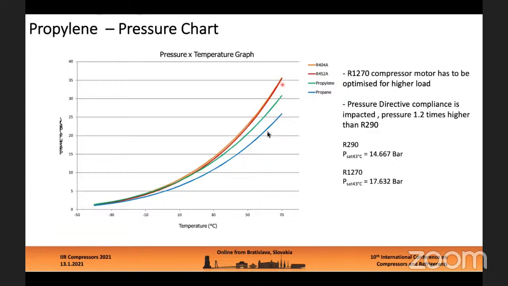These higher pressures have for sure a negative impact on compliance with the pressure directive, and analyzing the pressures at 43 degrees C, the pressure is 1.2 times higher than propane. So if the compressor with propane belongs to category 1, it needs to be double checked, because with propylene it can fall to category 2.